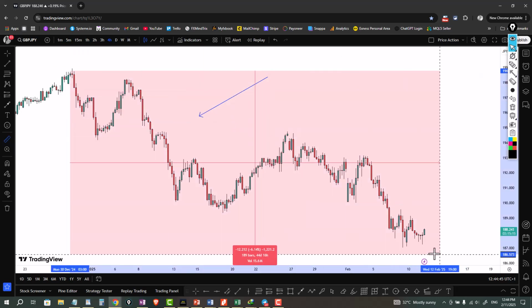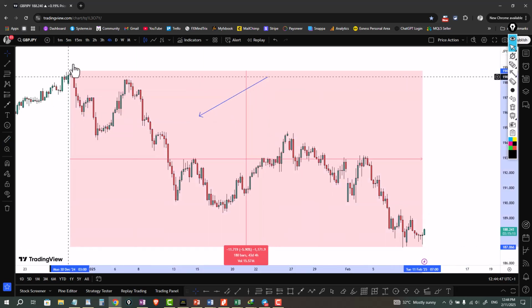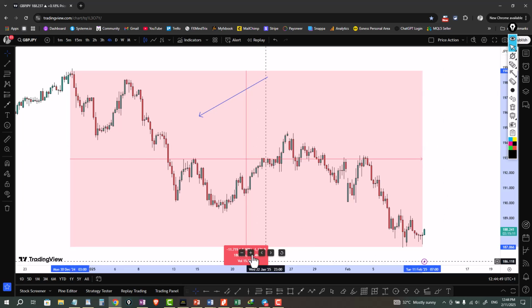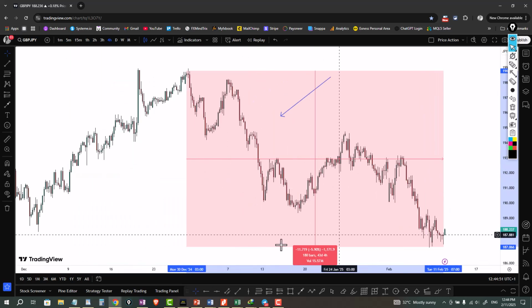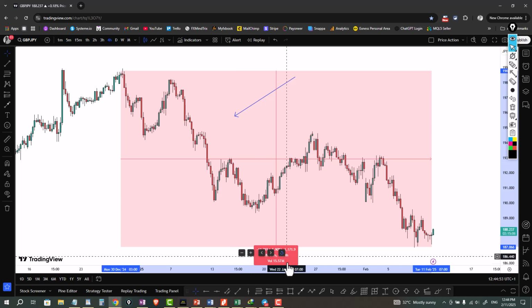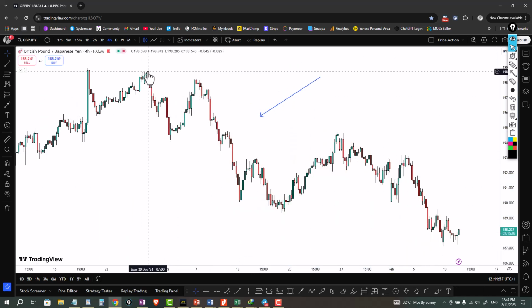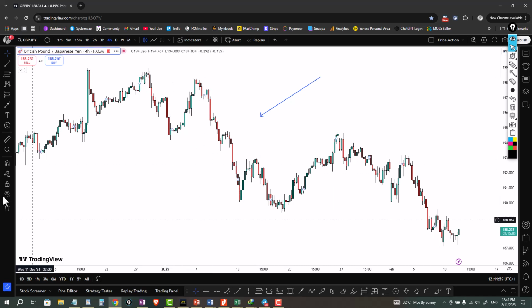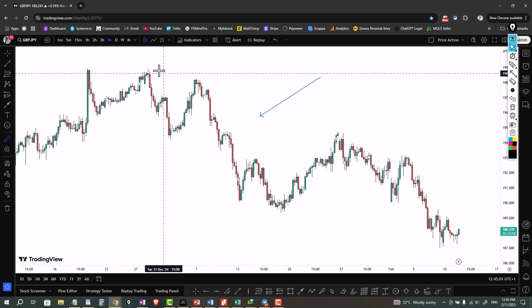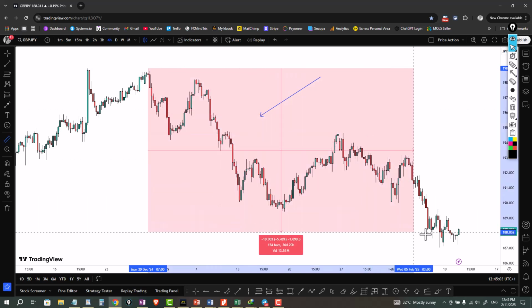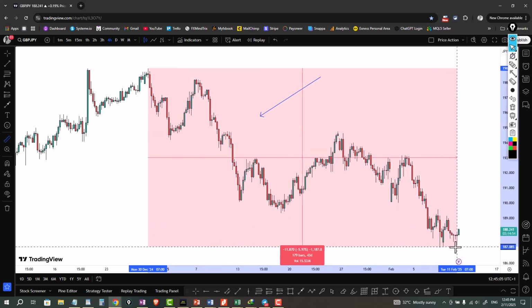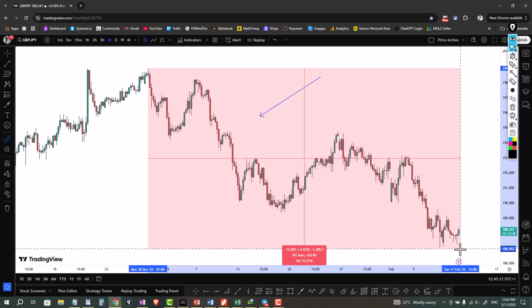When we measure the price action from all the way back here to all the way here, because this is the 4-hour time frame, you can see that this particular price action actually took something like, let me use the ruler tool again, from all the way up here to all the way down here, about 42 days to form. Let's just say 43 days, approximately 1 month and something.